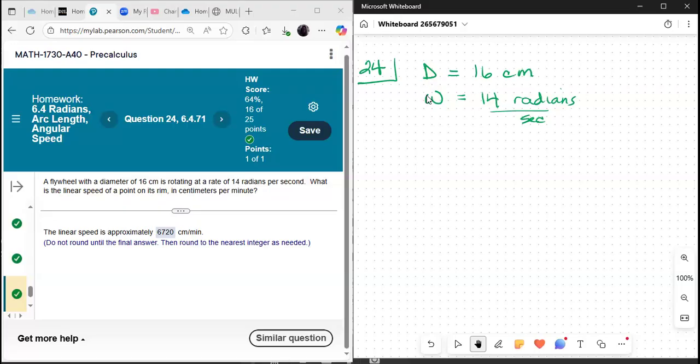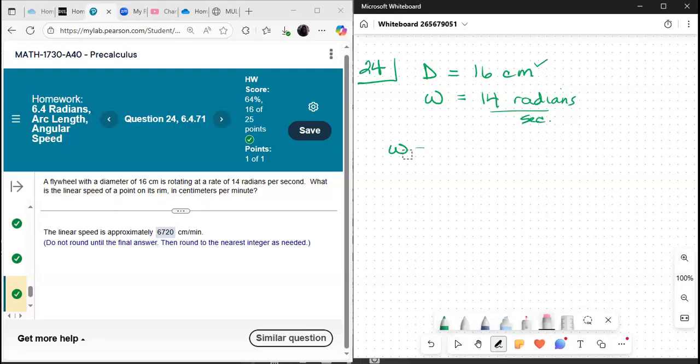And it's asking what is the linear speed of a point on its rim in centimeters per minute. I see we have centimeters, but we have seconds here. So we're going to have to convert seconds to minutes.